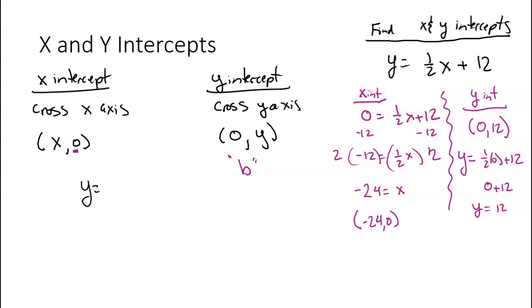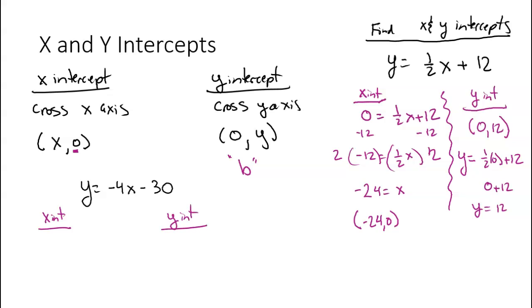Let's go y is equal to negative 4x minus 30. Go ahead, pause the video, and try to find your x and y-intercepts right now. All right, we're coming back unpaused.